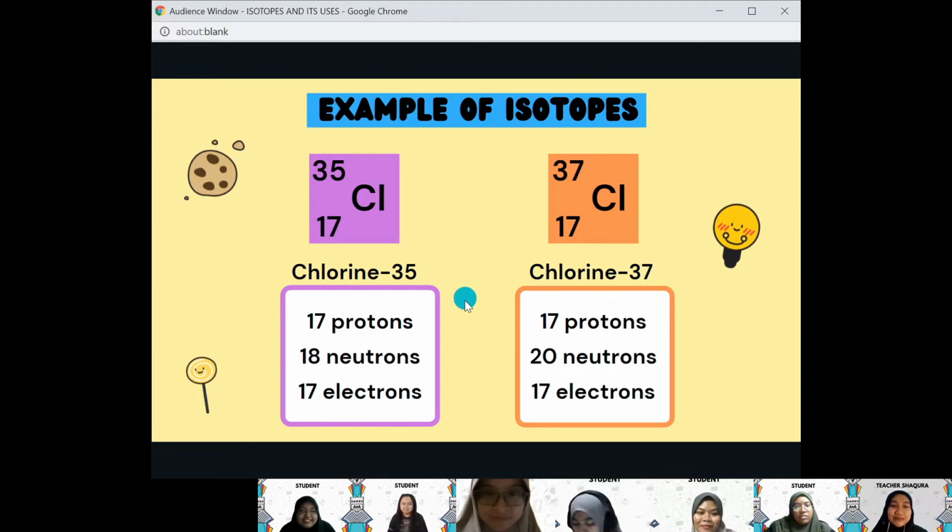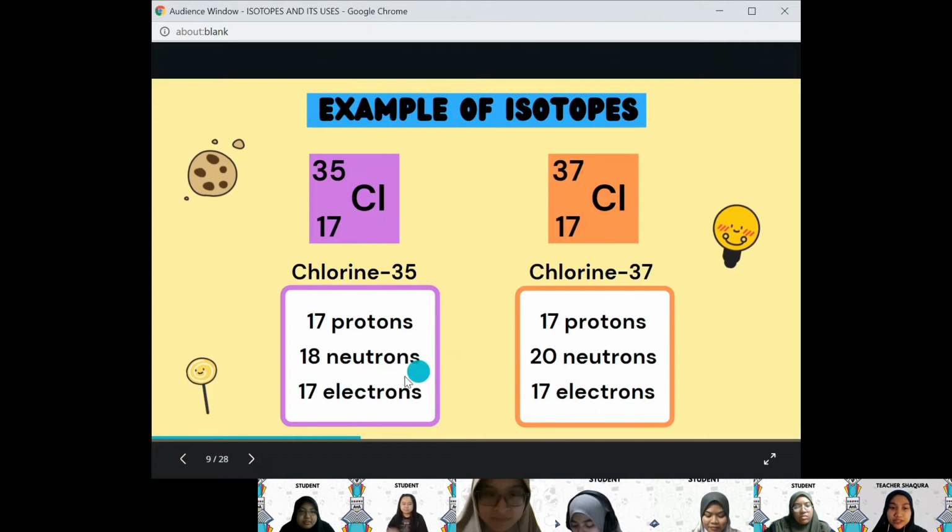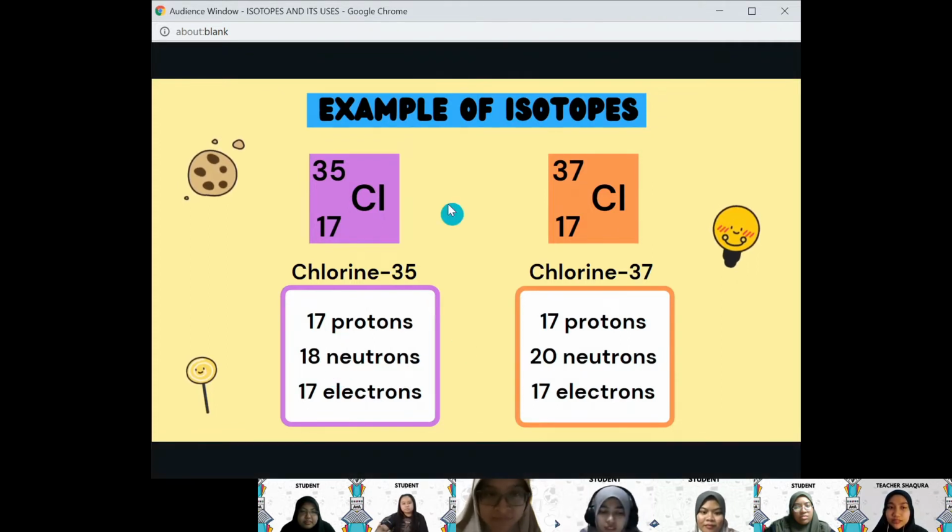So how about if we want to find the number of neutron? Does anyone know? There is no indicator for neutron here, right? So how do you want to know the number of neutrons?